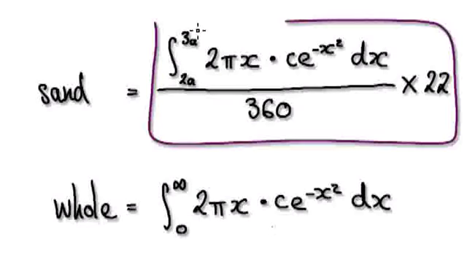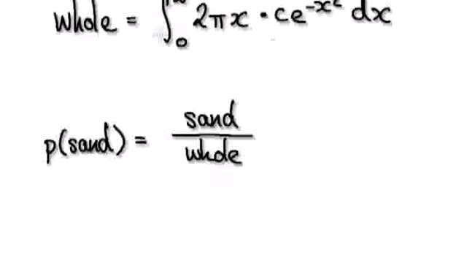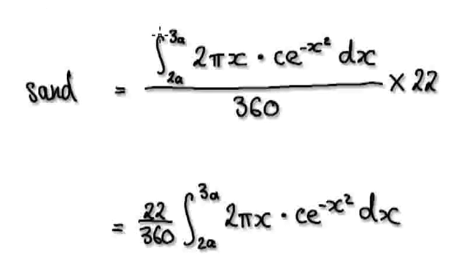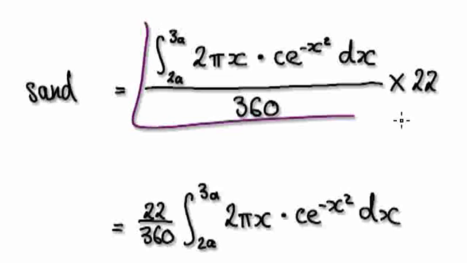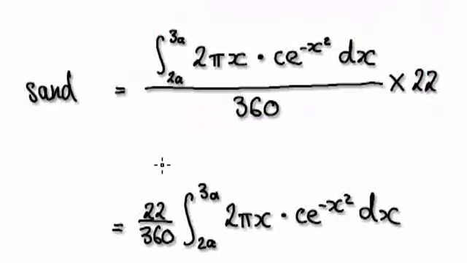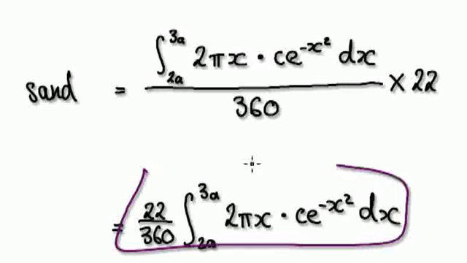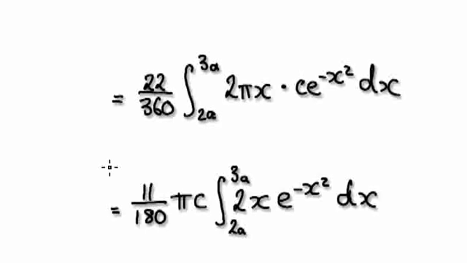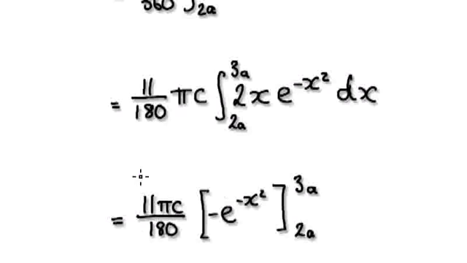Okay, so the volume of the sand is given by this. Now we just need to tidy this up. So this equals this, and that will then take you to here.